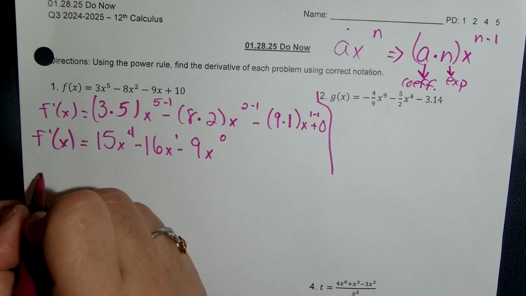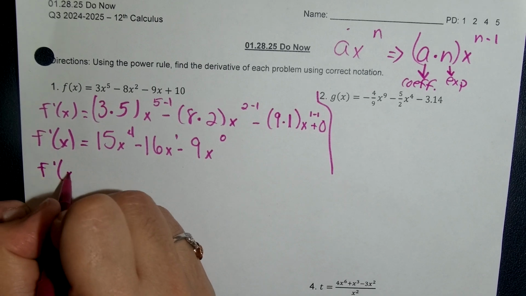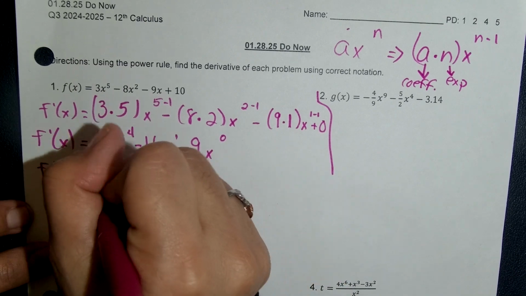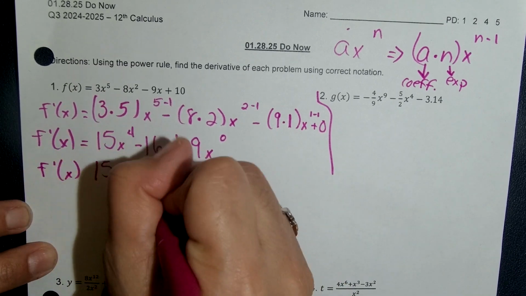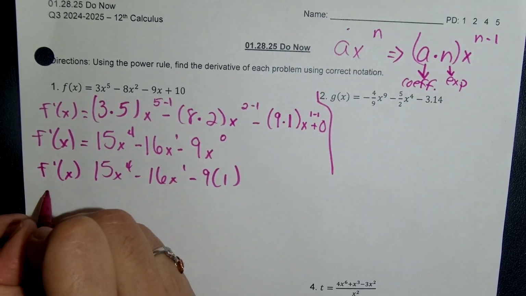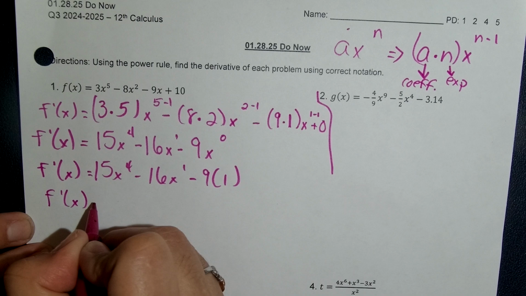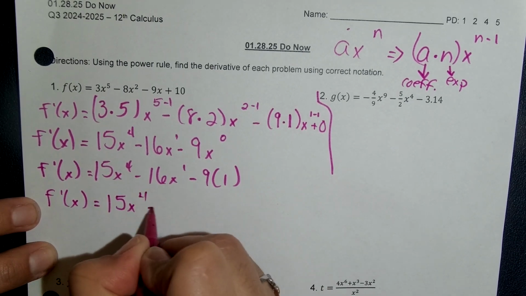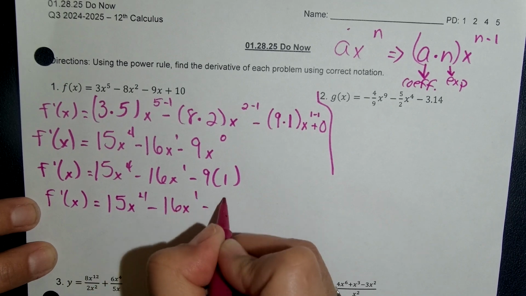And we do x to the 0 equals 1. x to the 0 equals 1. Yeah. And then we start with 15. Okay. Very good.